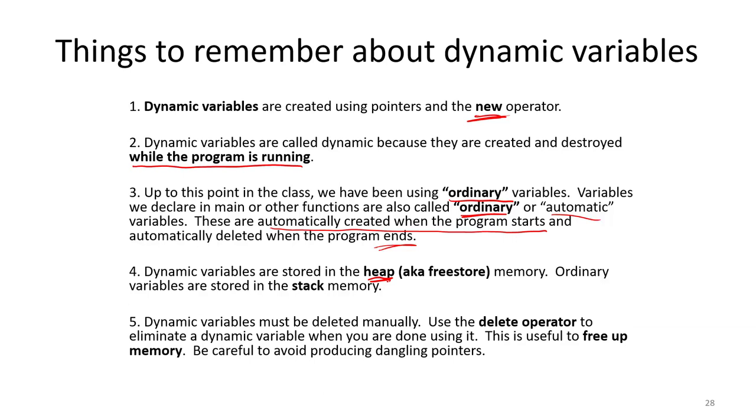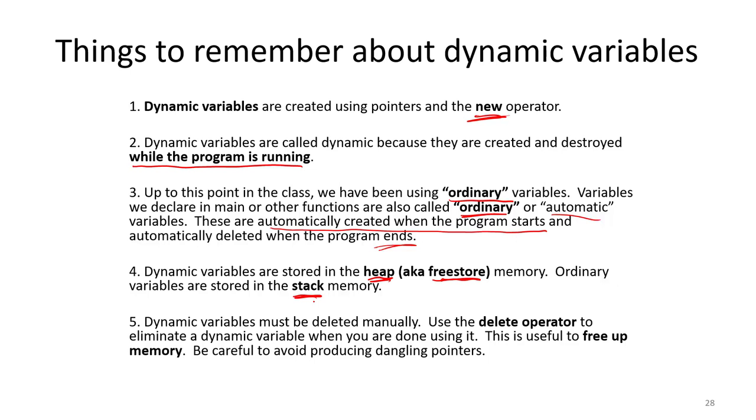Some textbooks call the heap memory the free store memory. Ordinary variables are stored in a different part of memory known as the stack memory. And so, one other advantage of using dynamic variables is you can use a different part of your memory when working with them, so it can buy you a little more flexibility if you have a limited amount of stack memory.